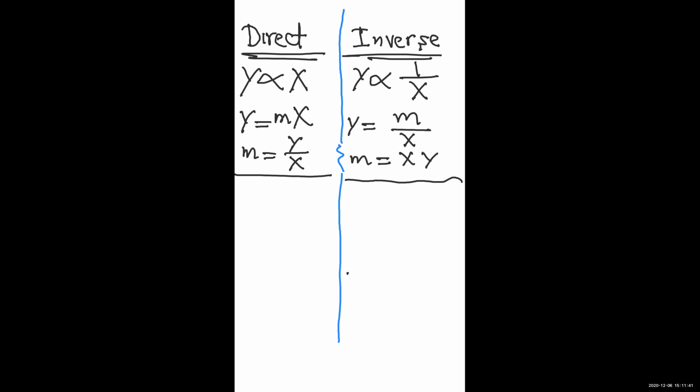The second point in direct variation: the first value of y over the second value of y after the variation equals the first value of x over the second value of x.